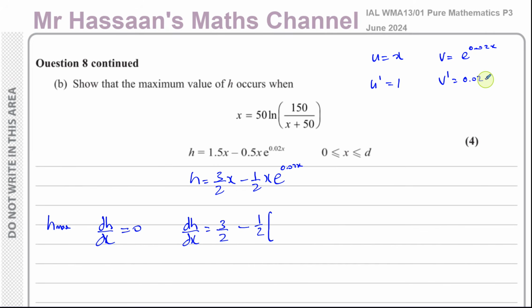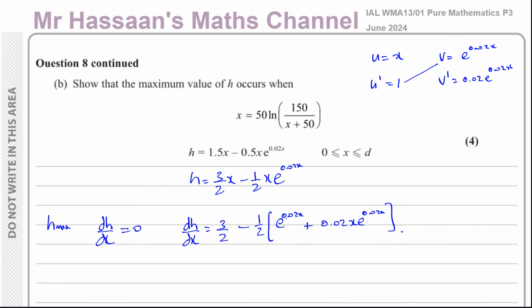That's 0.02 times e to the power of 0.02x. The product rule is you multiply these together, that gives you e to the power of 0.02x, plus these two multiplied together, so plus 0.02 times x times e to the power of 0.02x.